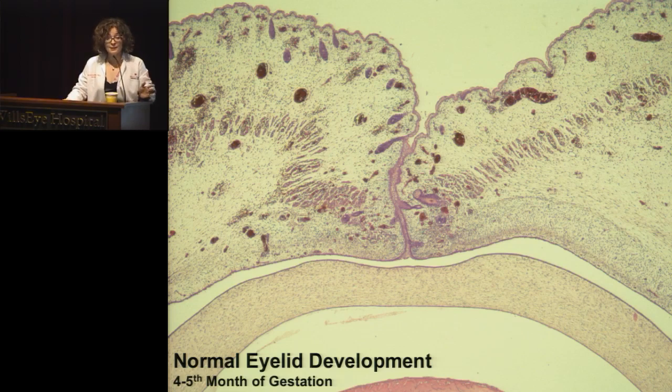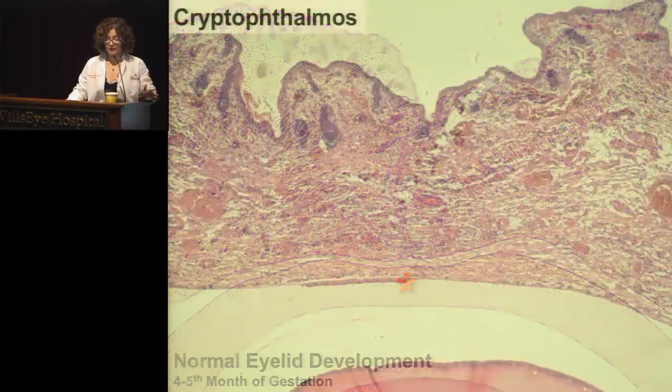And here you can see nearly complete development of the lids with tarsal plate, orbicularis, skin, and you can see early budding of the follicles of the cilia and meibomian glands.